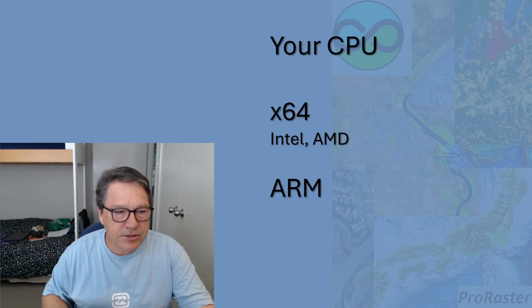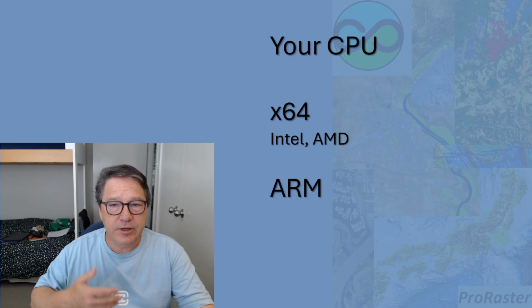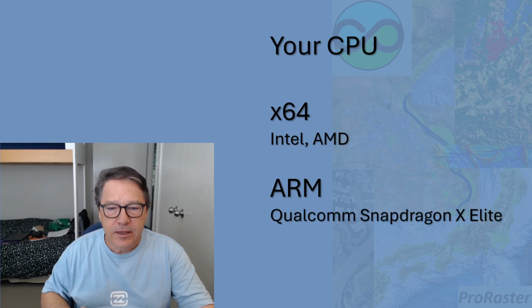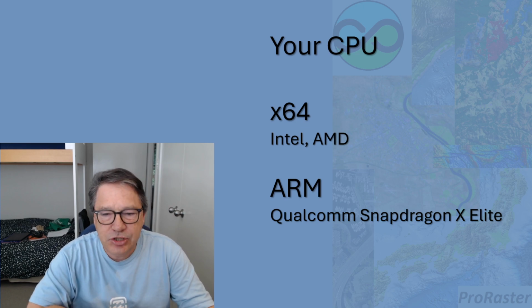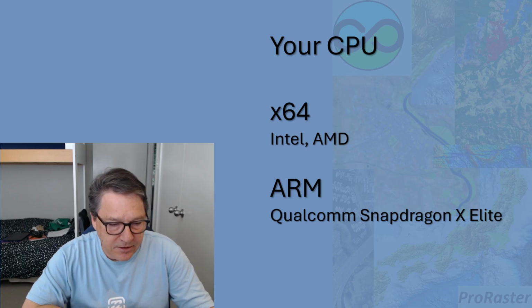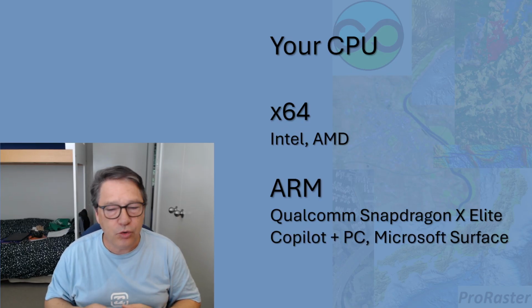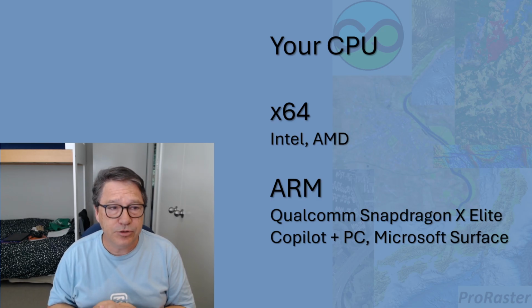The second architecture that you'll find is the ARM architecture, and it's completely different. So the code between x64 and ARM is completely incompatible. One cannot run on the other. So you'll find these Snapdragon X Elite chips in laptops at present, and various other Snapdragon chips, and they're in your Copilot Plus PCs, which Microsoft have been marketing and pushing very hard.